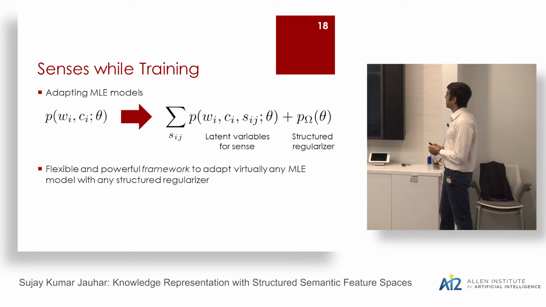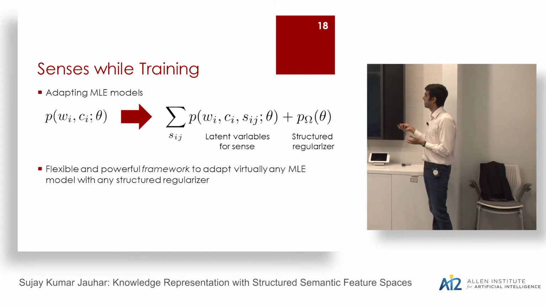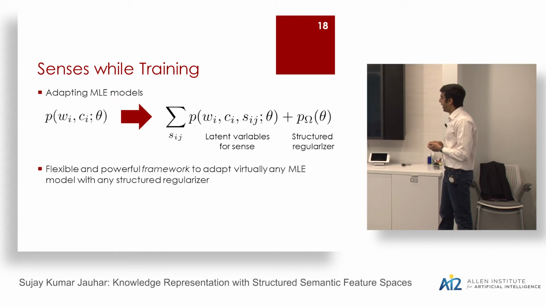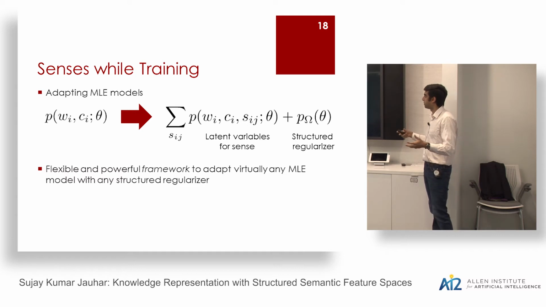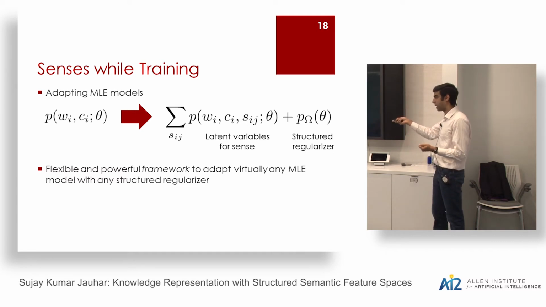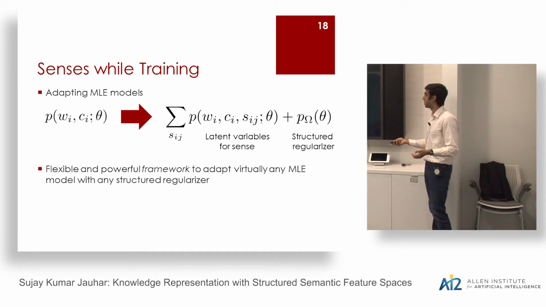The way you do this is to introduce latent variables for your senses and marginalize over those. And you introduce the retrofitting process as a structured regularizer. This intuition engenders not so much a single method, but a whole family of adapting techniques. We'll give an example of how you can work with one. But it's basically a framework to take any maximum likelihood model and adapt it to deal with senses.